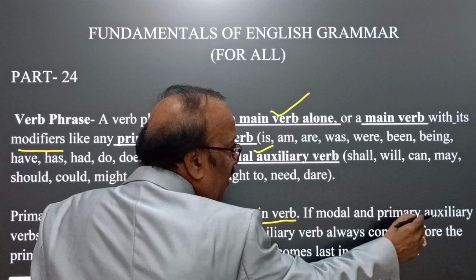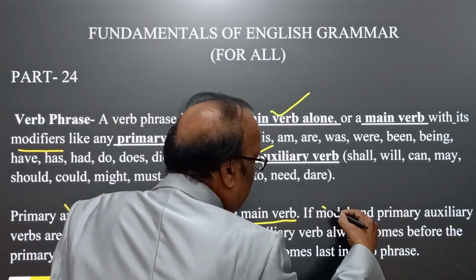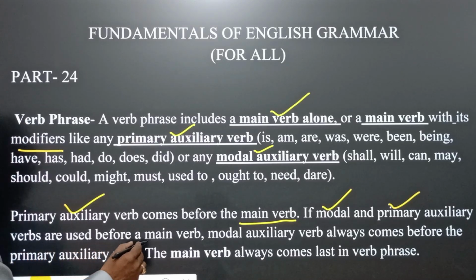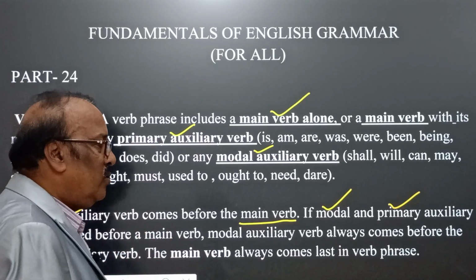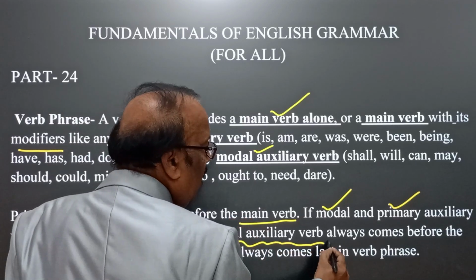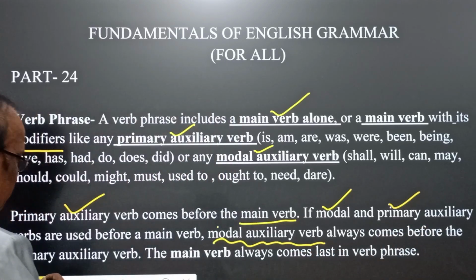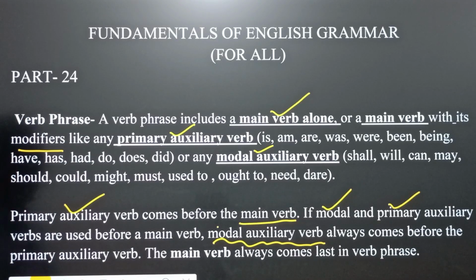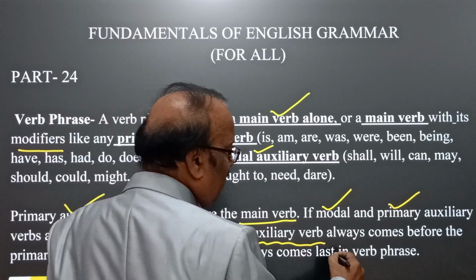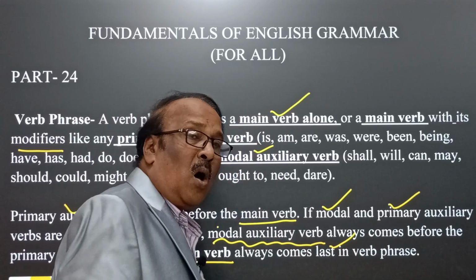Primary verbs or modals usually come before the main verb because they help in giving the complete meaning of the verb phrase. If both modal and primary auxiliary verbs are used before the main verb, the modal auxiliary verb always comes before the primary auxiliary verb, and the main verb always comes last in the verb phrase.